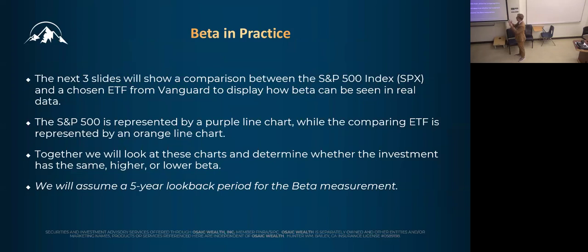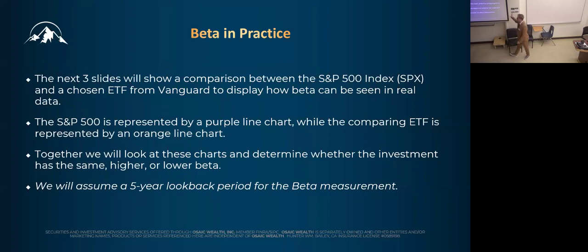We're going to use the S&P 500 index, SPX, and we're going to choose an ETF from Vanguard to display how beta can be seen in real data. These will be charts that show historical returns, comparing the S&P 500 index and a fund of my choosing. The S&P 500 will be a purple line, and the comparing ETF will be an orange line.